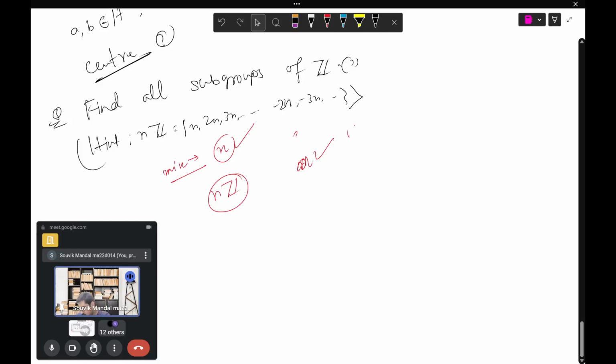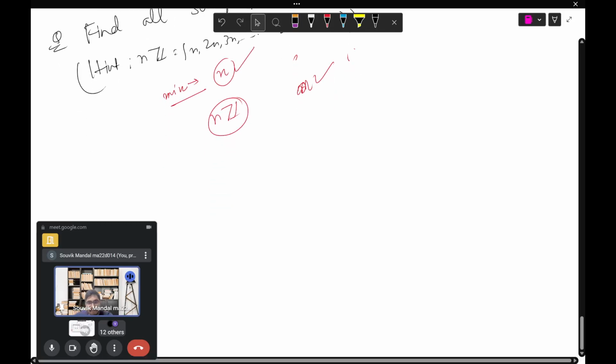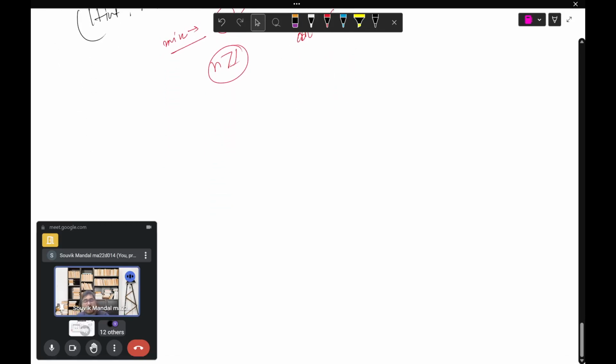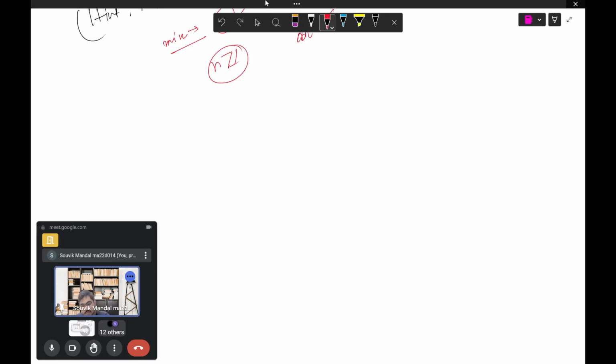Do you know the definition of finitely generated? What does it mean to be finitely generated? Yes, please tell.